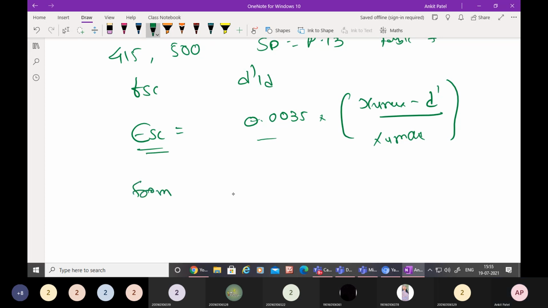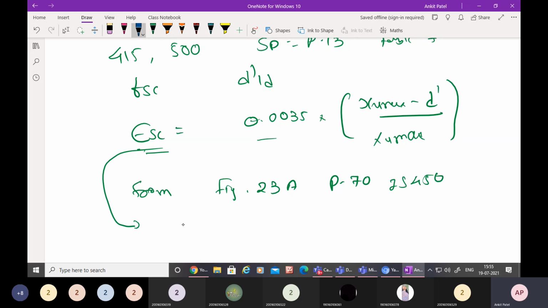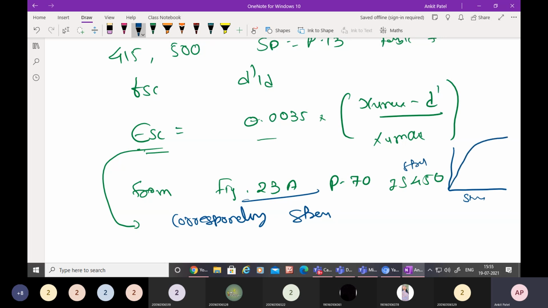Then from figure 23A, page number 70, IS 456, this is a stress strain diagram. From this, you will get the value of the corresponding stress. The figure looks like this: this one is the stress, this one is the strain, and somewhere the stress is there, and your graph looks like this.